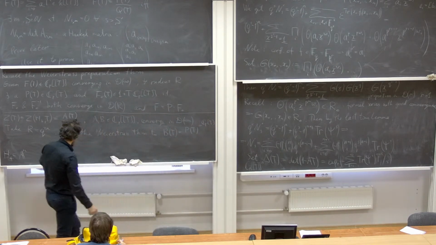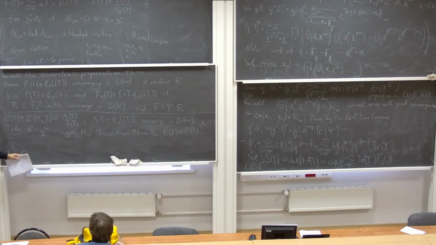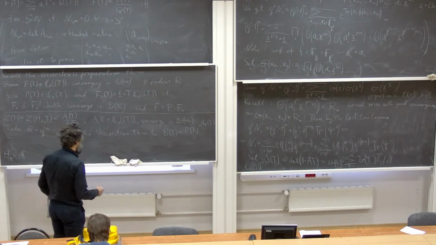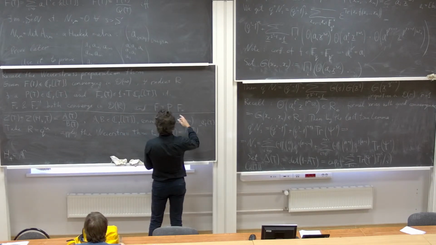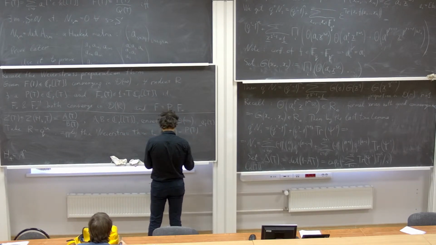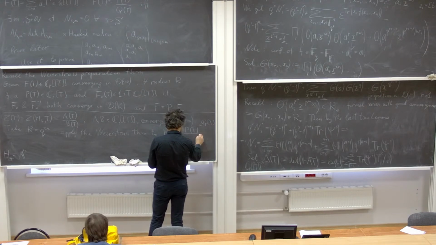Pardon me, what is n? N is the dimension of the hypersurface plus 1. Okay, so we apply it to the everywhere convergent function B of t. We say that it's a polynomial over some g of t.